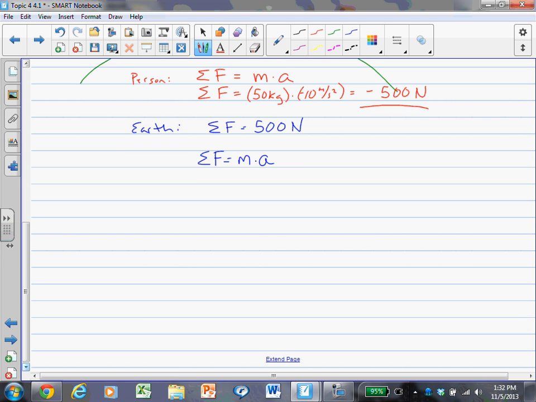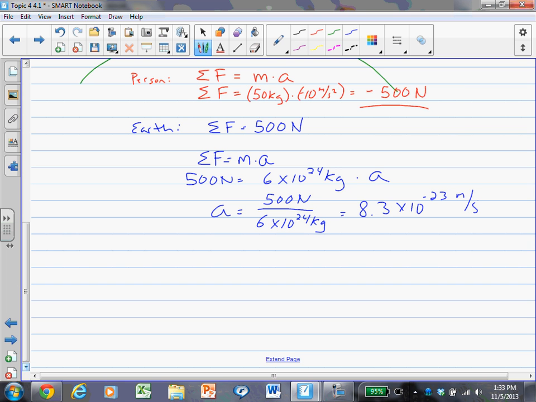So 500 newtons equals 6 times 10 to the 24 kilograms times A. So the acceleration the Earth will feel is 500 divided by 6 times 10 to the 24, which is 8.3 times 10 to the minus 23 meters per second squared.